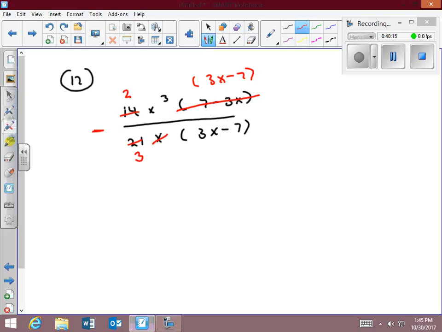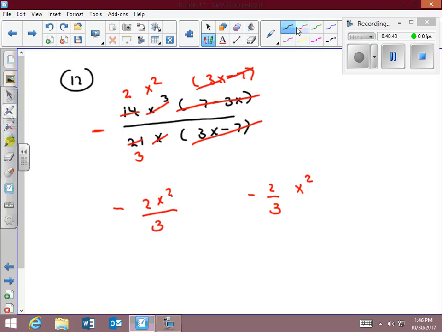Cross this out, you'd say this is going to be x squared. Then the 3x minus 7, 3x minus 7, and the answer is negative 2x squared over 3. You could write it as negative 2/3 x squared. Whichever way helps you the most in doing the problem. Any questions on that? It's easy.